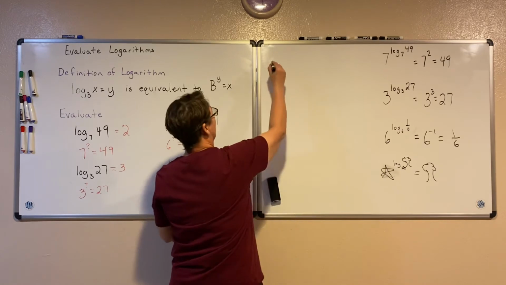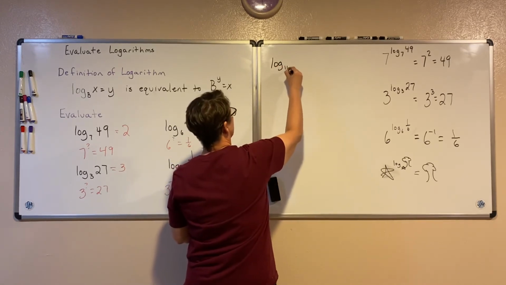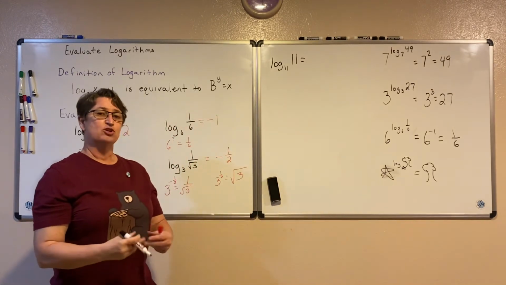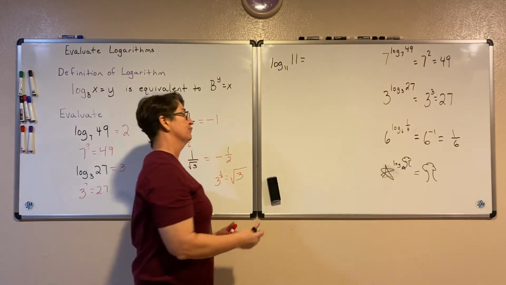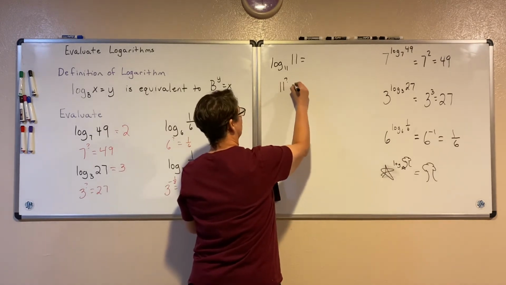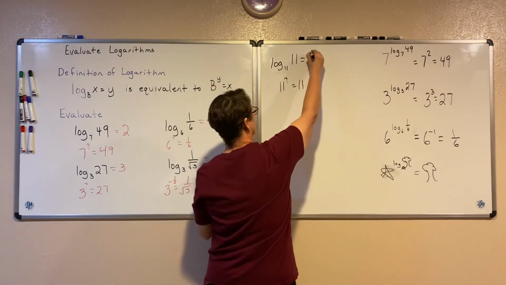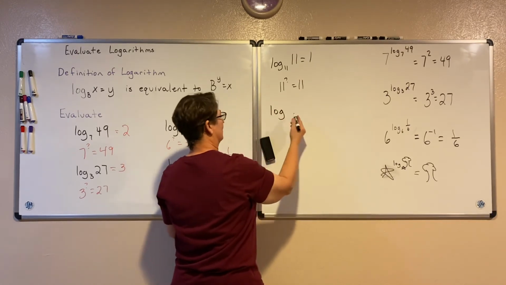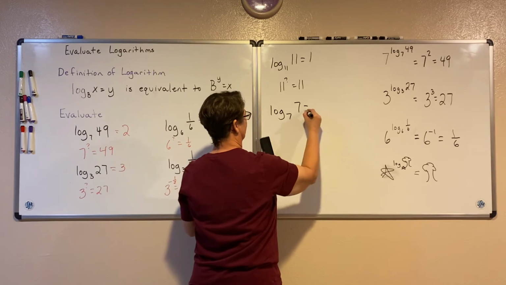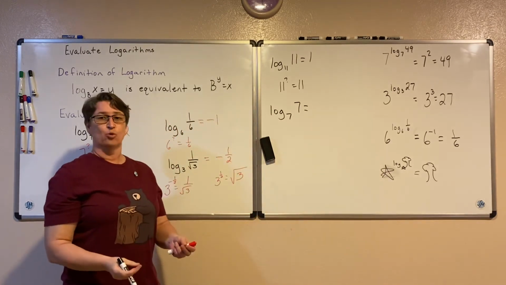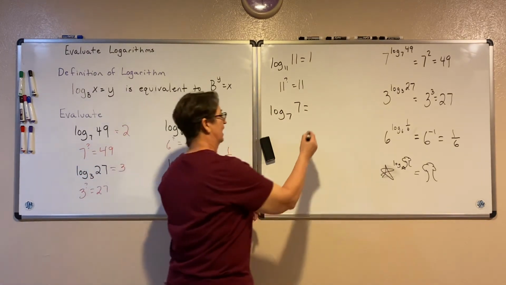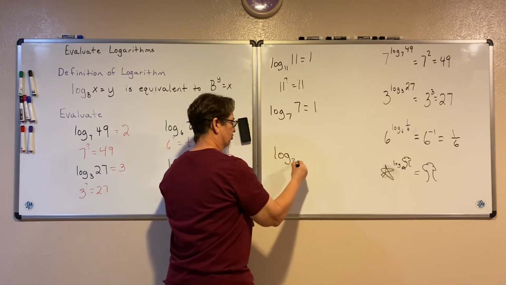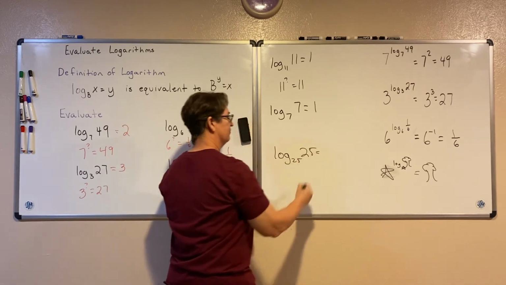Let's do log base 11 of 11. So again, I'm asking myself, 11 to what power gives me 11? That's just the first power. What about here? What if I have log base 7 of 7? 7 to what power gives me 7? That's just the first power. Log base 25 of 25.